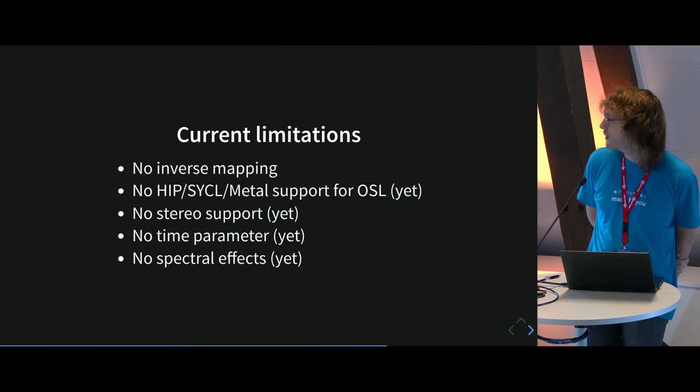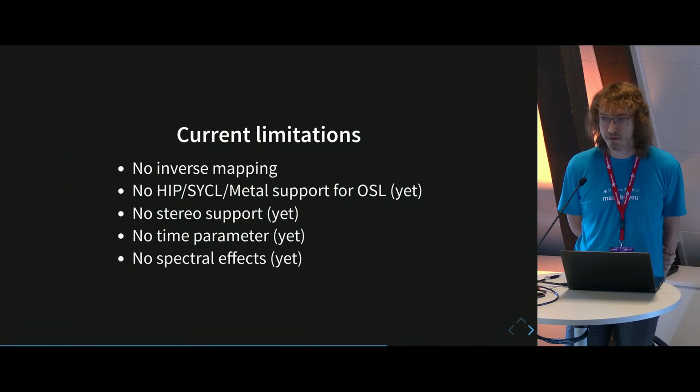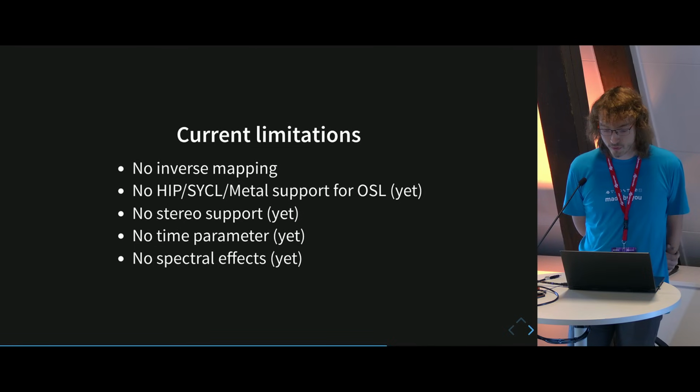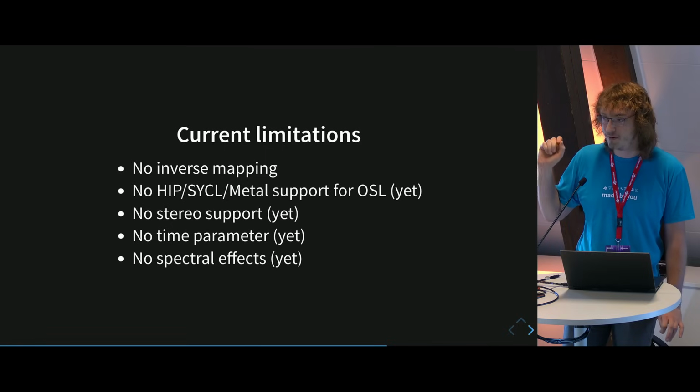So what are the limitations of this at the moment? There are unfortunately a few. First of all, there is no inverse mapping. In addition to getting a ray from a screen position, all of the built-in cameras in Cycles also support the opposite: given a ray, find what position on the screen this corresponds to. We need that to do two things. First of all, there's the vector pass, where you get the information on how much a pixel has moved between the previous and last frame.